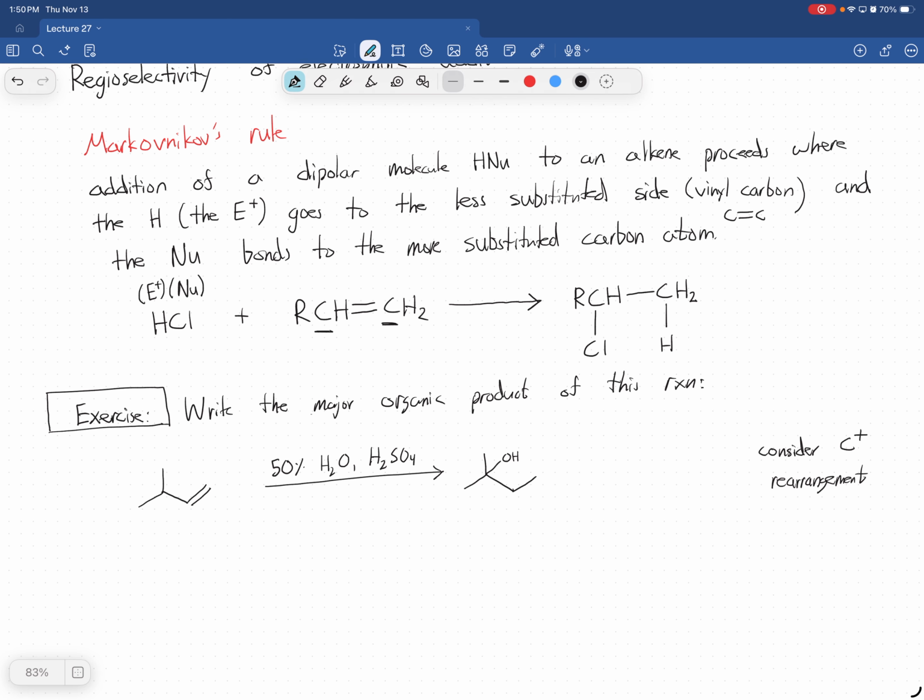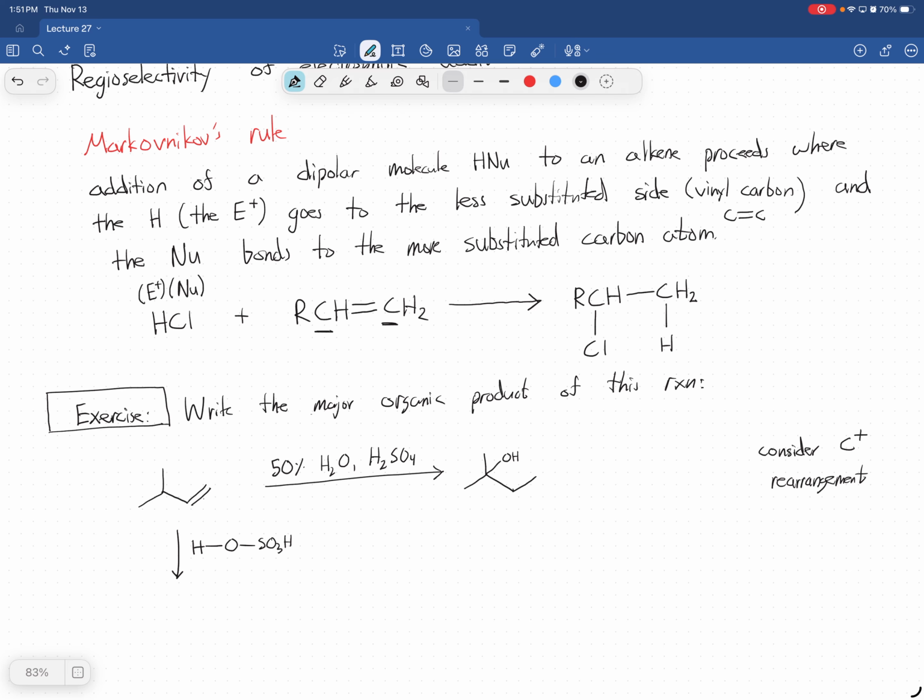Very good. Let's go over it. First things first, what's the first step? Good. You're going to treat the double bond as if it was a lone pair on, say, oxygen.